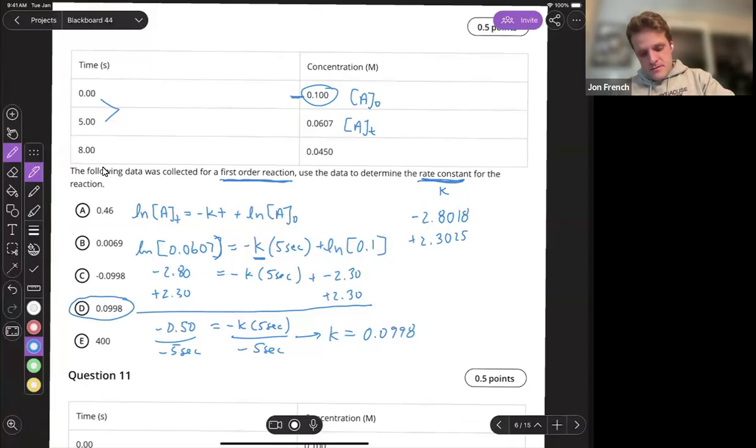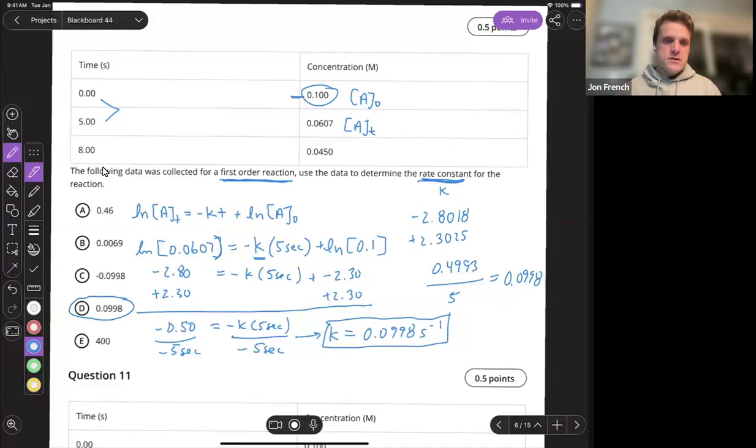Yeah, and so there I get 0.4993, divide that by 5. And yeah, I get 0.0998 for that rate constant. And it's first order, so inverse seconds should be our units.